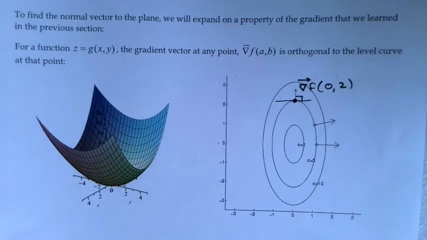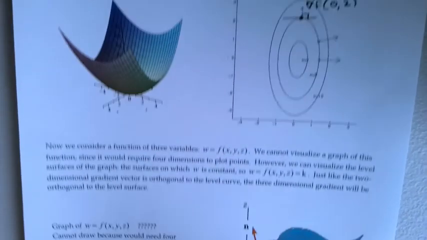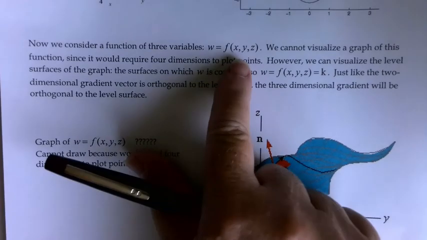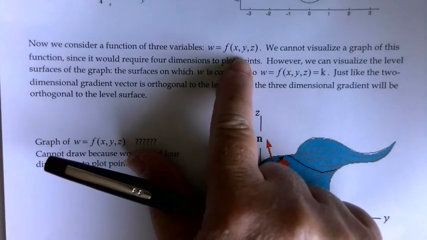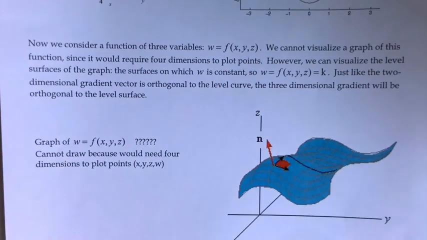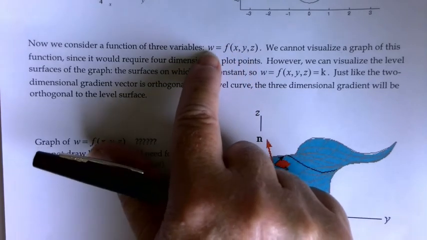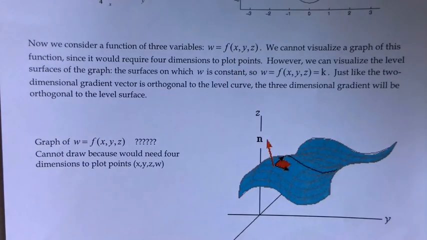I would now like to think about a function of three variables, w equals f of x, y, and z. Remember that we can't actually visualize a graph of that function, because to graph it we would need a fourth dimension. The x, y, and z would be the inputs, and we'd need a fourth variable, w, to plot the output.